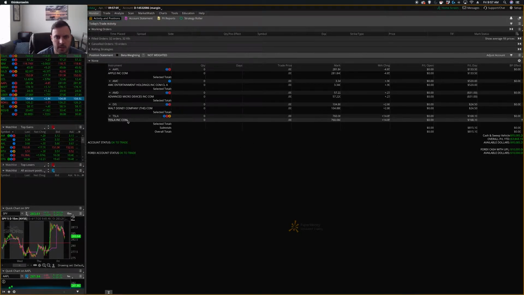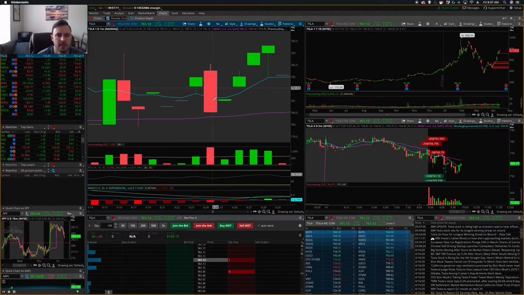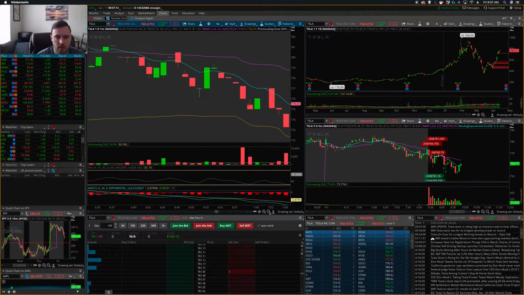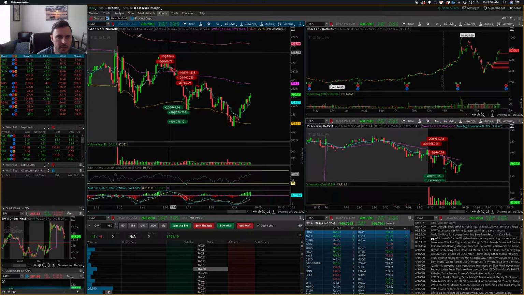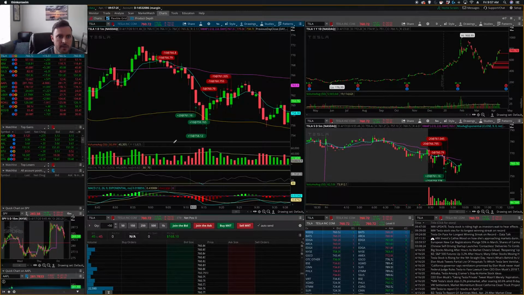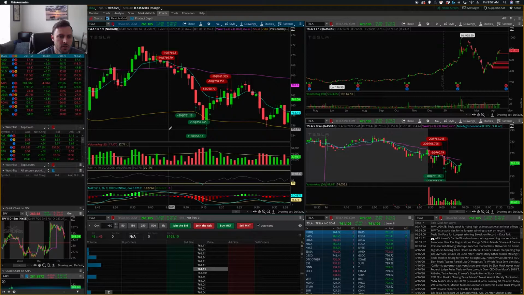Tesla. Tesla was a fun stock to trade today. I did a couple trades on Tesla, and it was one of my more by the books trades, I would say. So let's look in here and see what happened. So here we have Tesla is in an upward trend, and you'll see the MACD right around here shows that a trend reversal is occurring.